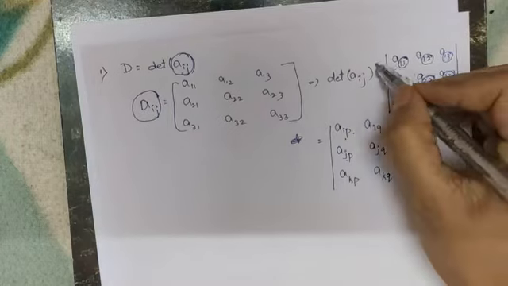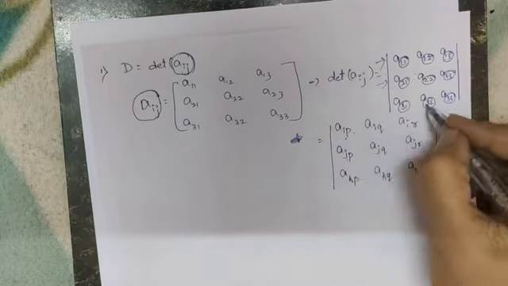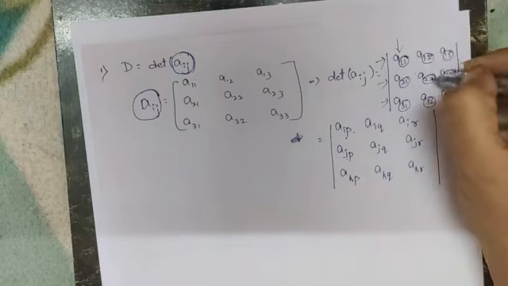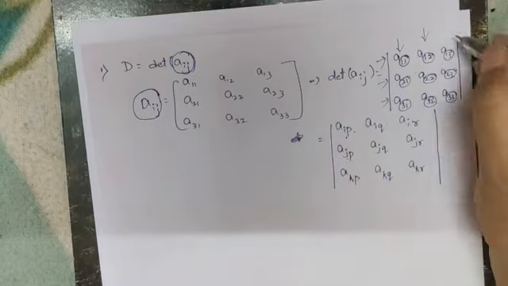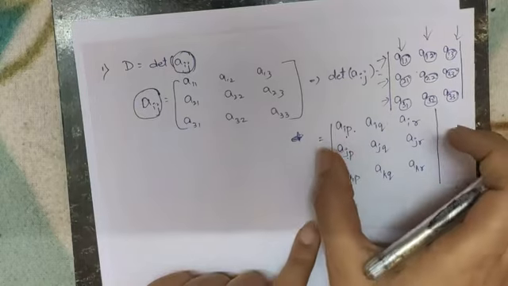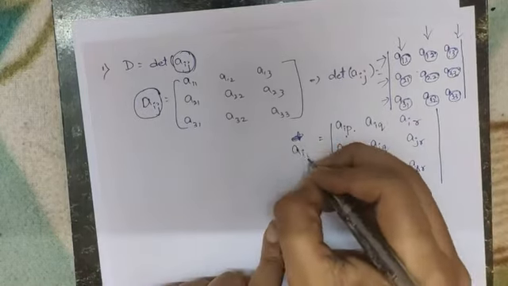So just compare with this. 1, 1, 1 means first row, 2, 2, 2 means second row, 3, 3, 3 means third row. Here 1 represents the first column, 2 the second column, 3 the third column, right? So similarly we have taken a general matrix here and I will denote it as Aij.